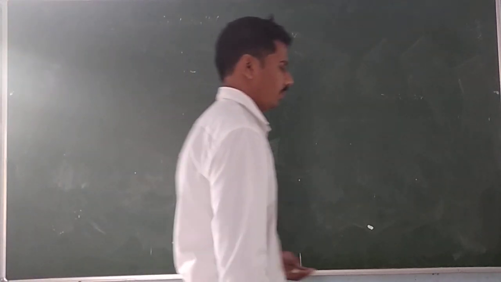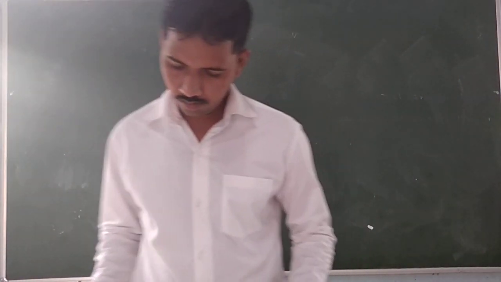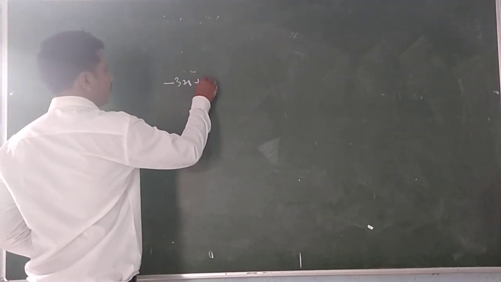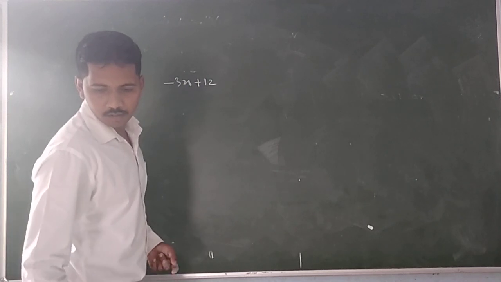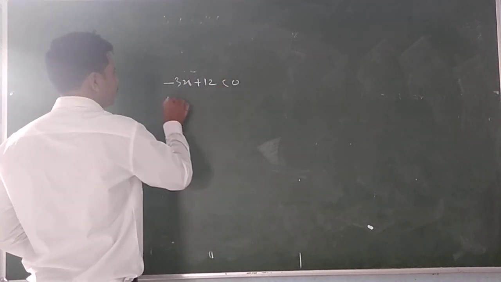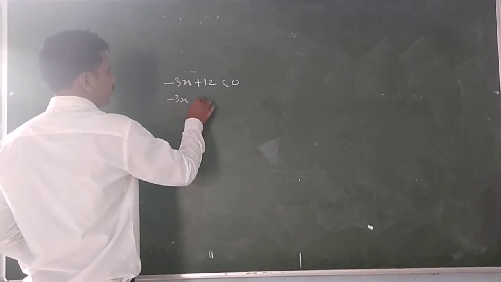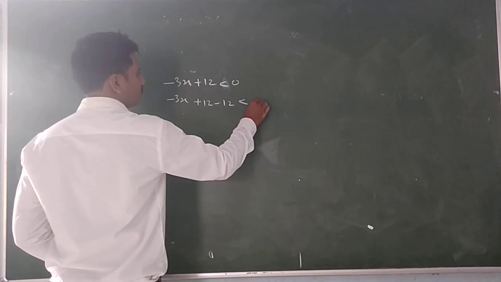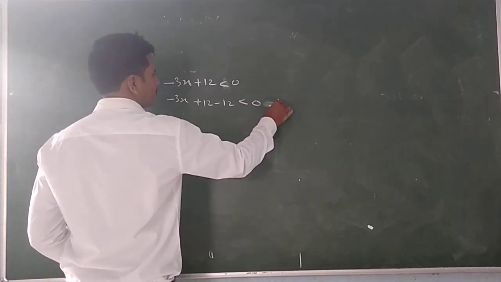We will take some examples. Minus 3x plus 12 is less than 0. So subtract 12 from both sides: minus 3x plus 12 minus 12 is less than 0 minus 12.